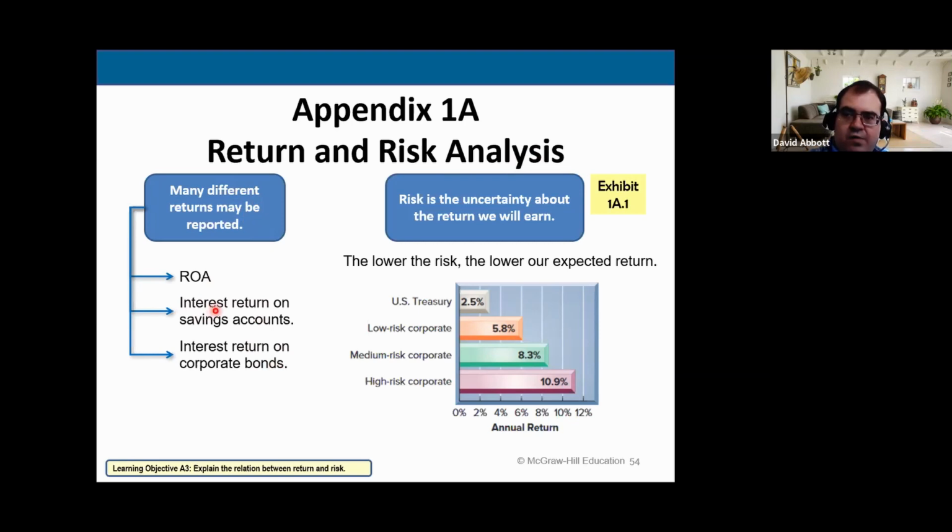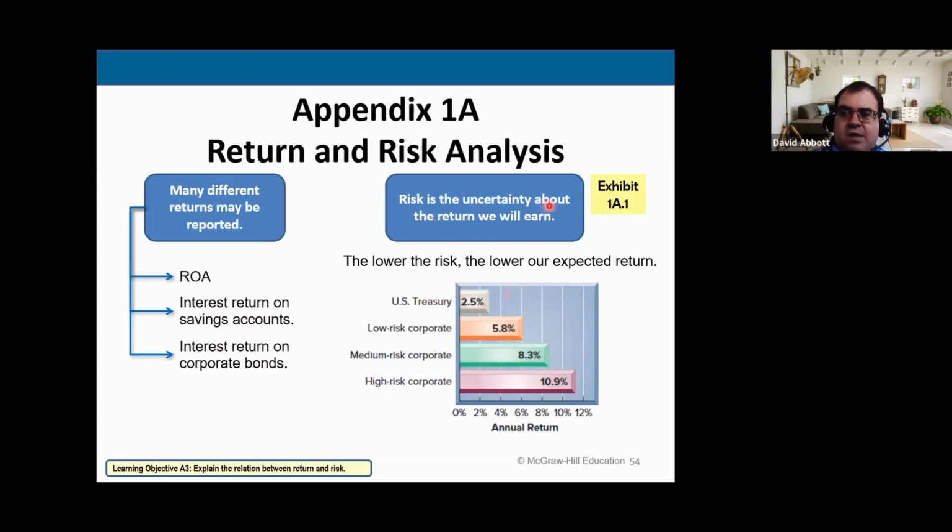So right now, for example, the interest return on savings accounts we know is going to be very low because of what's going on in the economy. And so you're probably lucky if you get 1% on a savings account interest on a bank account savings account you might have at a bank. And then the interest rate on corporate bonds, those might be a little bit higher. Again, it depends upon the type of company and what their history is.